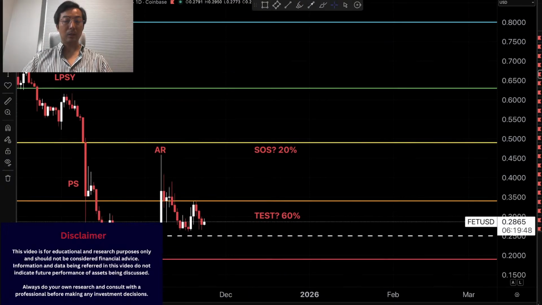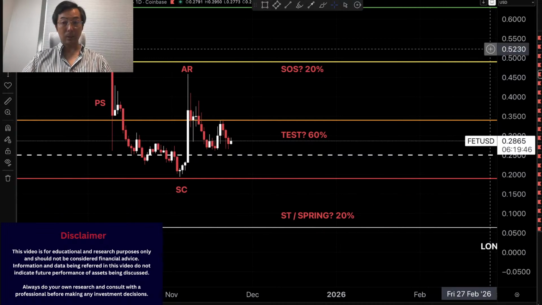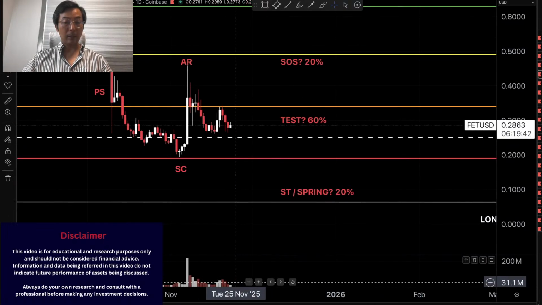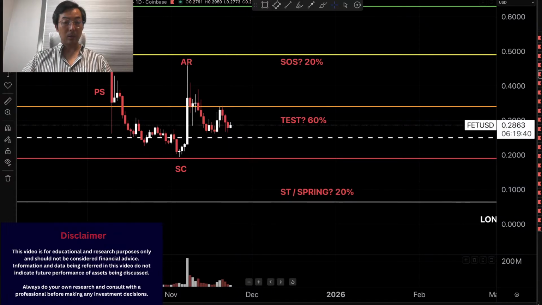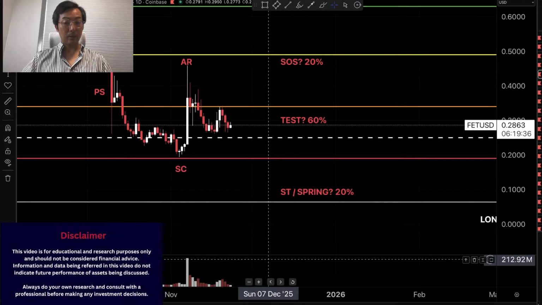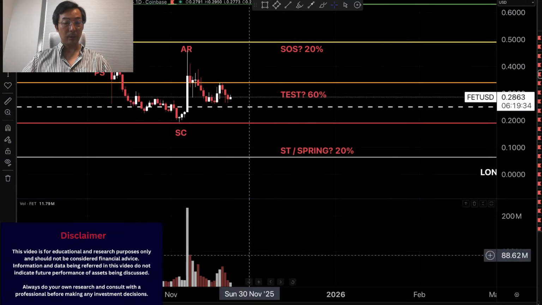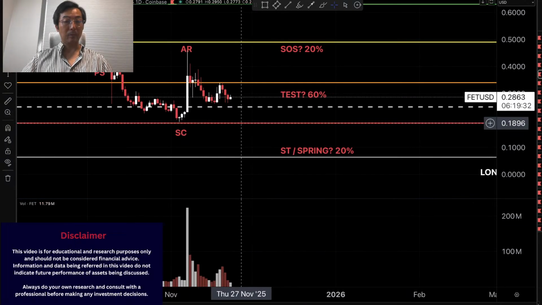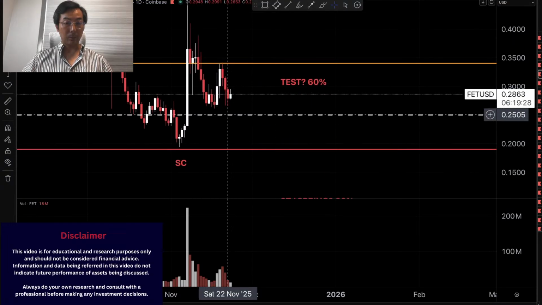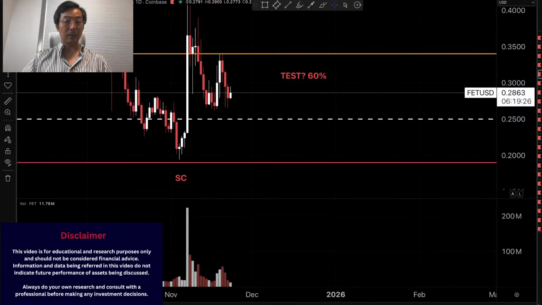If we look at the volume, it isn't particularly crazy. Two days ago the volume was a bit higher, but that higher volume corresponds to some buying from that support level. So it's not a bad sign.